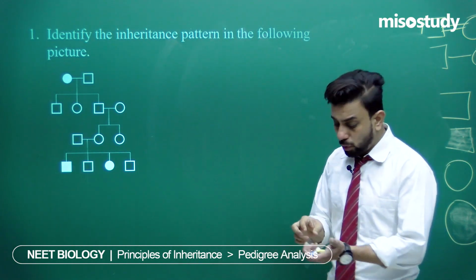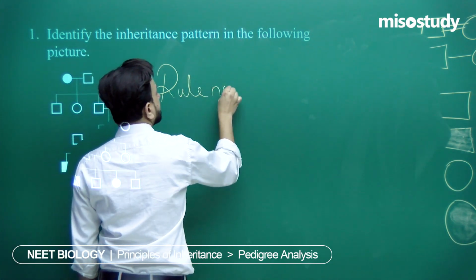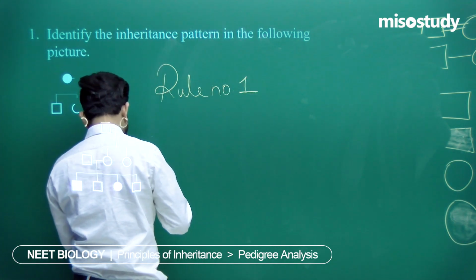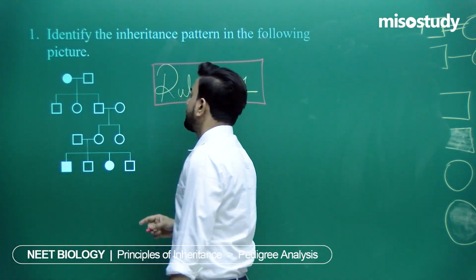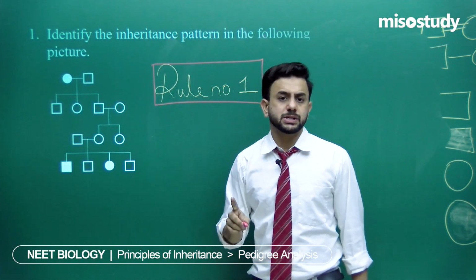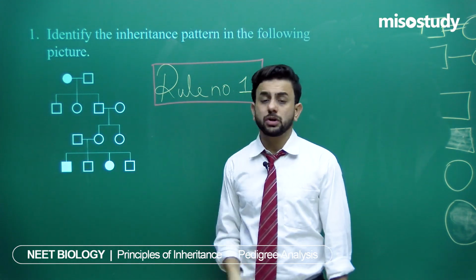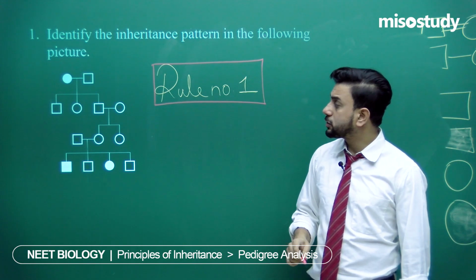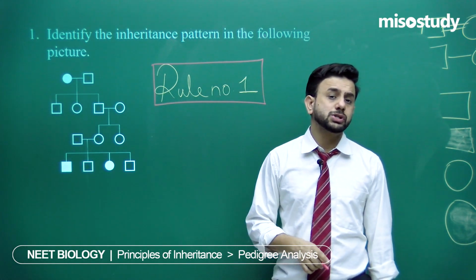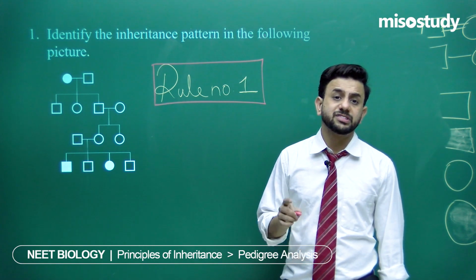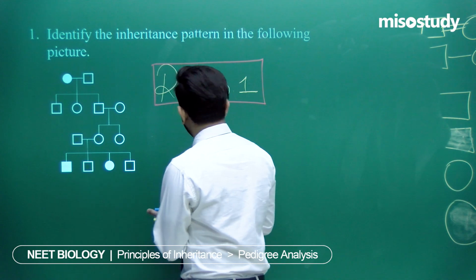Rule number 1: if the affected trait appears in every generation, then it's a dominant condition, otherwise it's a recessive condition.